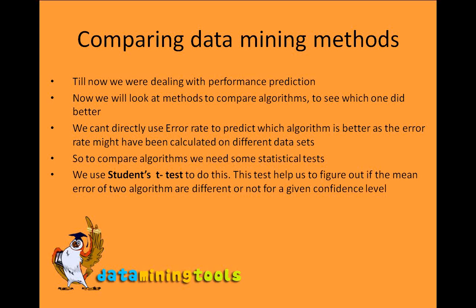So to compare algorithms we need a statistical test, and the statistical test that we will be using is Student's t-test. This test helps us figure out if the mean errors of the two algorithms are different or not for a given confidence level.